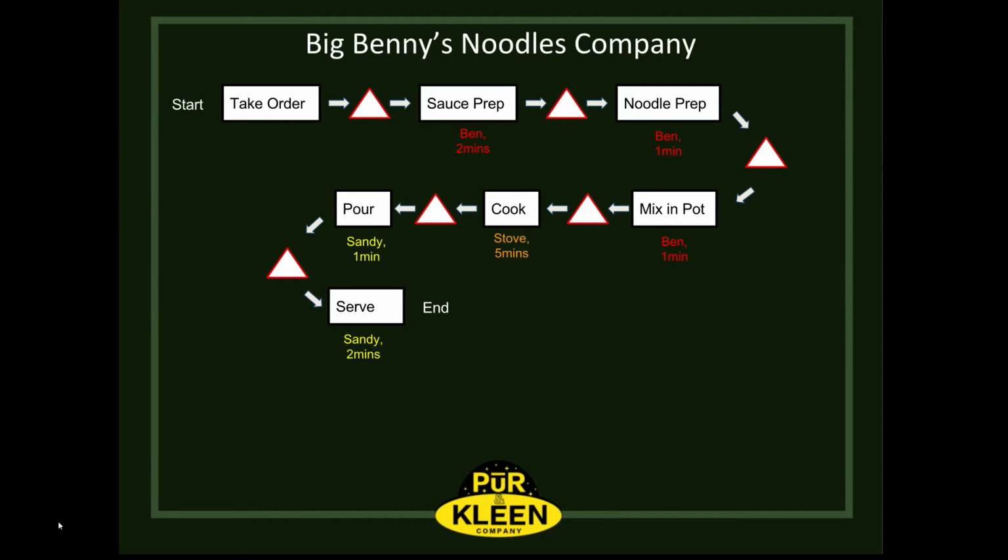The way you try to improve throughput of your process is by looking at each individual resource and seeing its throughput. In our example, Ben takes 4 minutes total to prepare a bowl of noodles from his end and put them in the stove, which means that after 4 minutes, he is ready to prepare the next bowl of noodles.